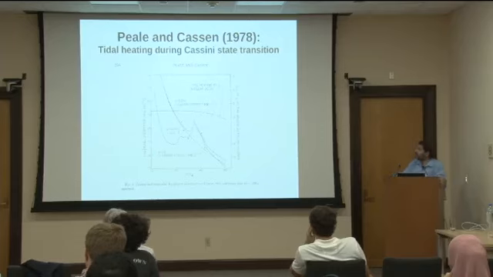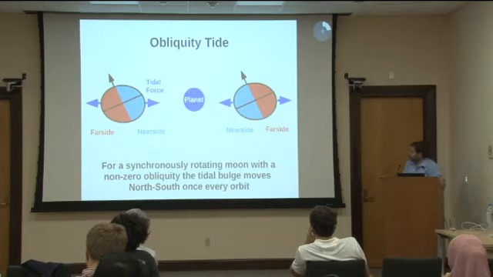Chronologically, next came the paper in 1978 by Peale and Cassen, where they were looking at the tidal dissipation within the moon because of this obliquity, because there are these things called obliquity tides. As the obliquity is large to one side, the bulge is going to move from the northern hemisphere to the southern hemisphere on the near side and the opposite on the far side.